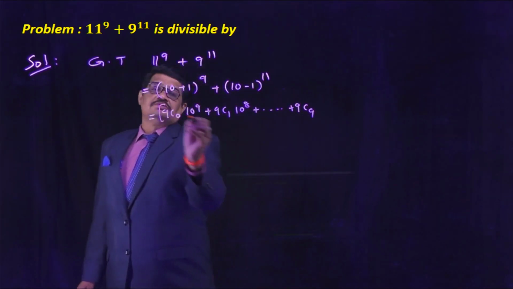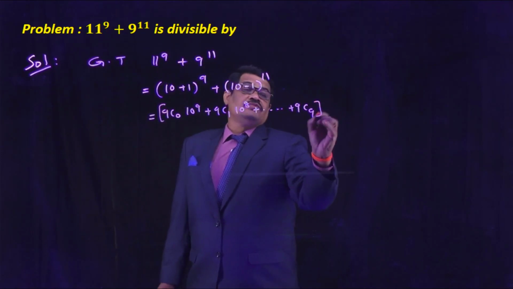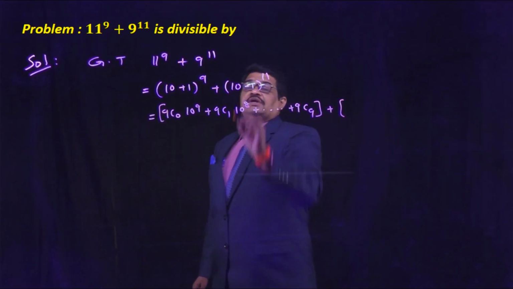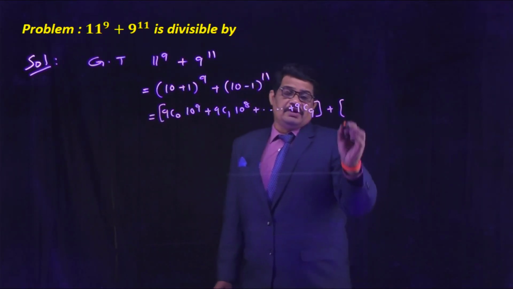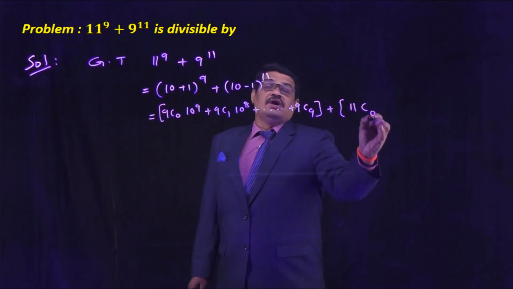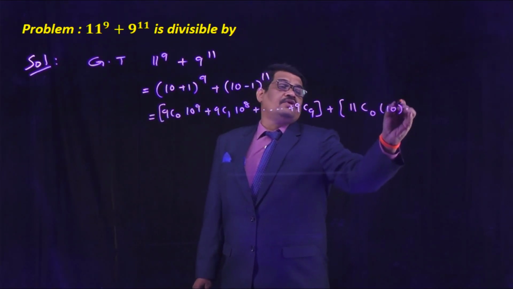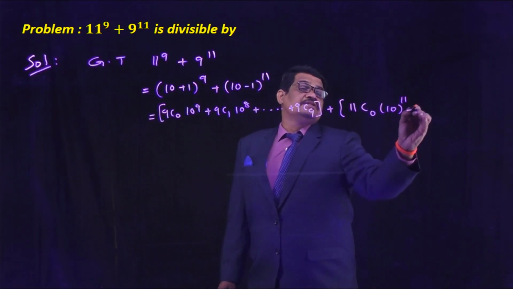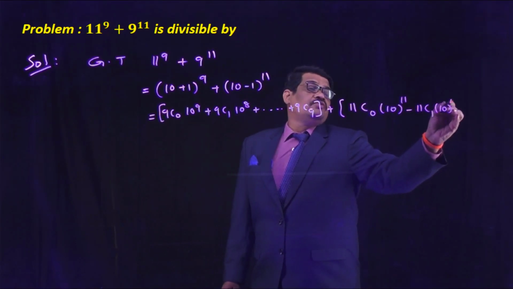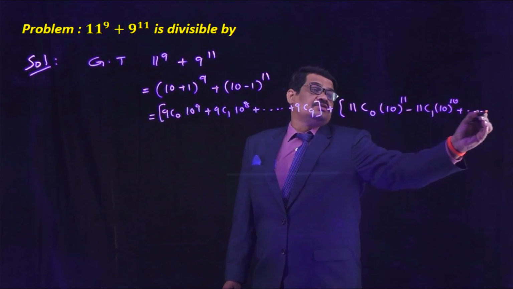Okay, so this is the expression, plus 10 minus 1 whole power 11. This expansion is 11c0 10 to the power of 11 minus 11c1 10 to the power of 10 plus and so on.